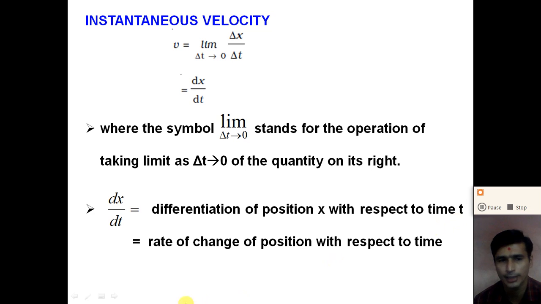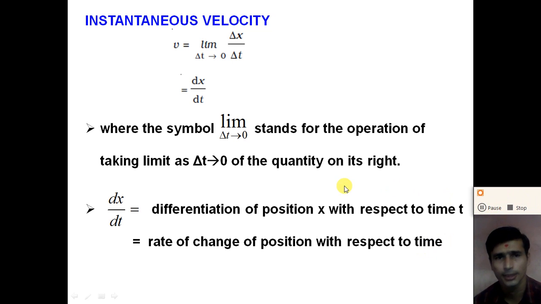Or we can say that differentiation means the rate of change of position with respect to time. So here dx by dt is the rate of change of position with respect to time, which gives us the instantaneous velocity at time t, or the instantaneous velocity at time t is the differentiation of the position with respect to time t.